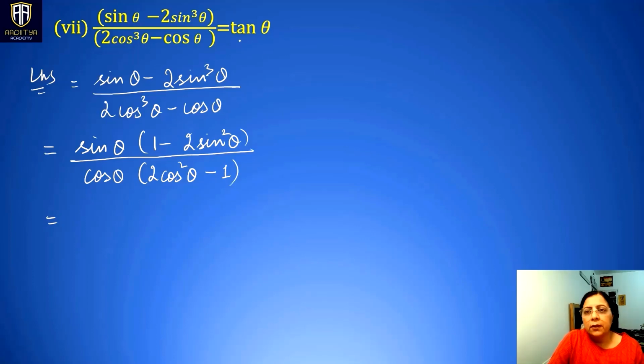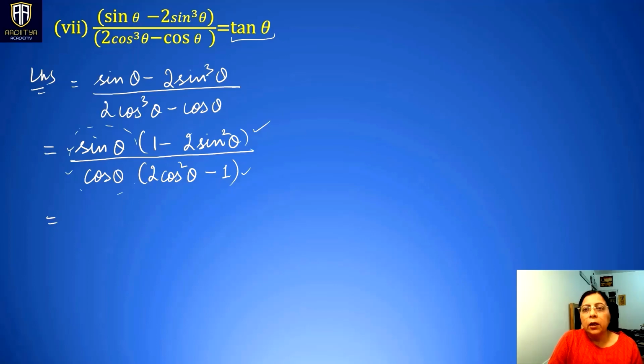If you see, in the RHS you require only tan theta, and sine theta upon cos theta itself is tan theta. That means we have to ultimately get this thing only to prove this identity. That means these two brackets mean the same thing, so when we reduce them, we get 1. So you have to approach it that way.